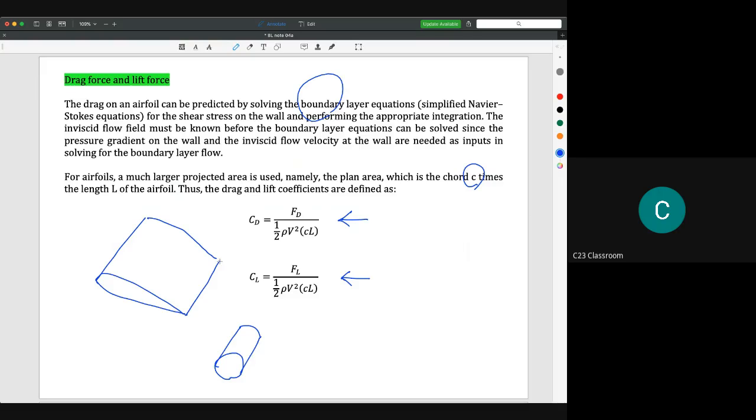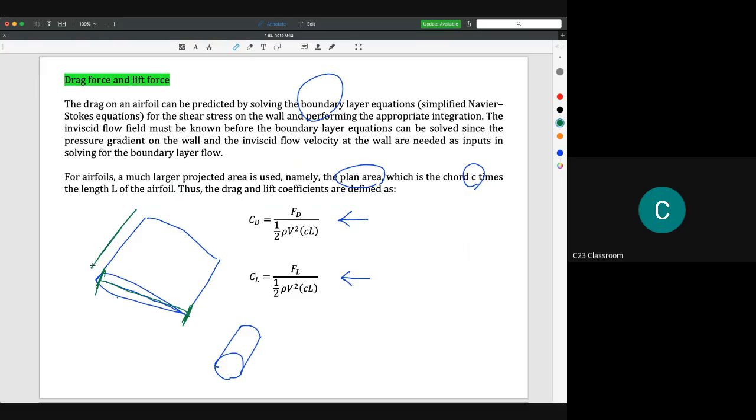When it has an angle of attack, for sure the force will be distributed into lift force and drag force. To calculate this, we take the plane area. The plane area means the chord, the length from here to here, and then we multiply by the length of this.